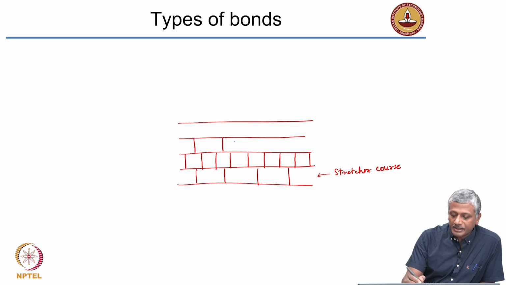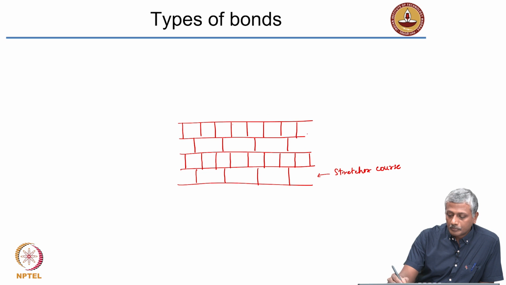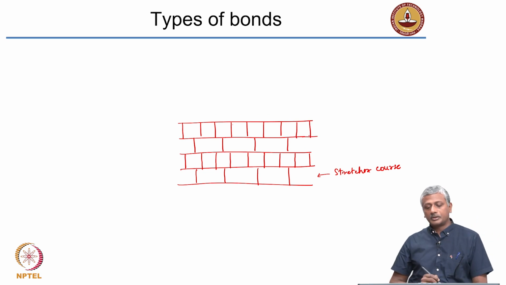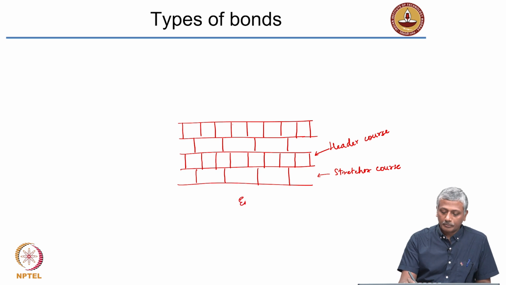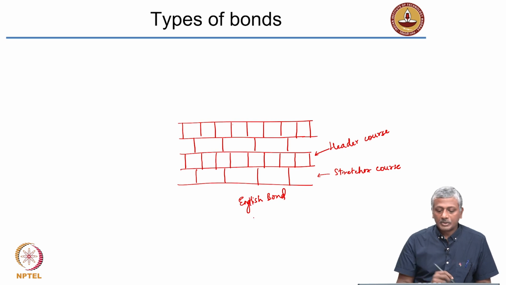Then the third layer becomes again a stretcher course, and the fourth layer again becomes a header course. So that's a header course. So this arrangement is called English bonded wall. That's an English bonded wall.